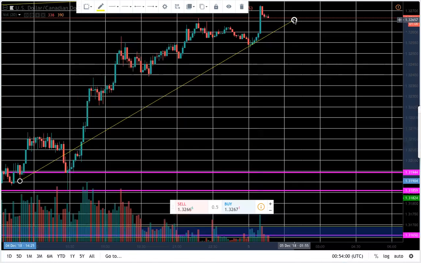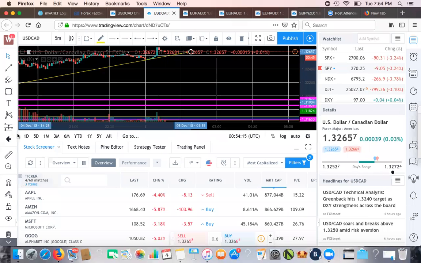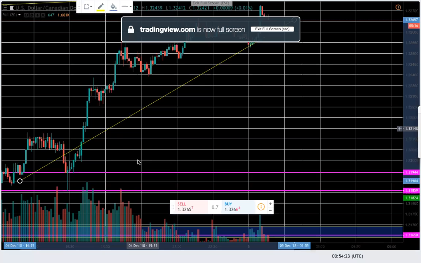But at the bottom right here, on this rejection zone that we have marked, these two lines right here, I'm going to put a rectangle there, because that's the main rejection line.